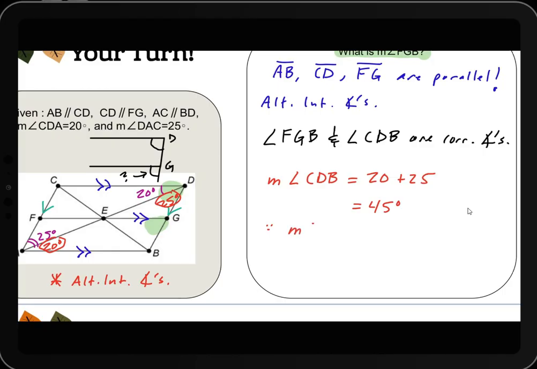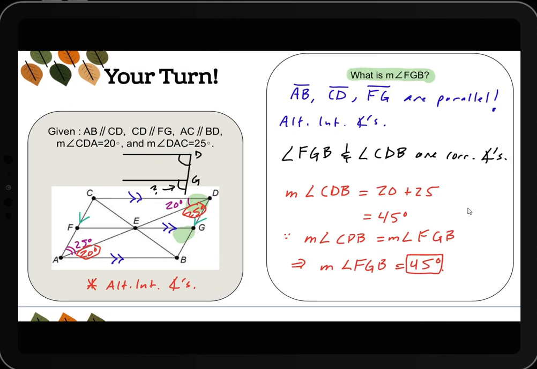Because the measure of angle CDB is equal to the measure of angle FGB, that implies that the measure of angle FGB is also 45 degrees. So FGB is a 45-degree angle. That is the reason it is the same exact value as CDG or CDB.